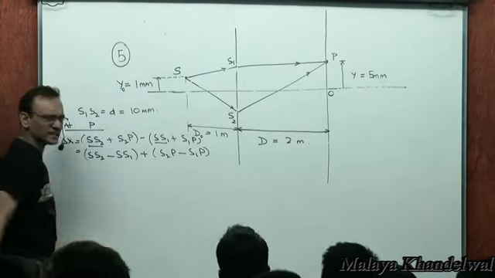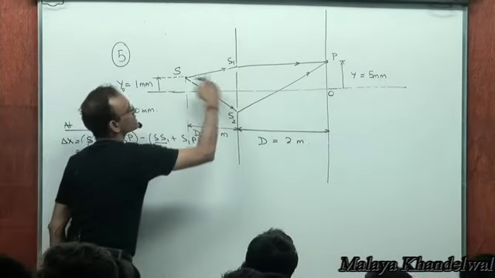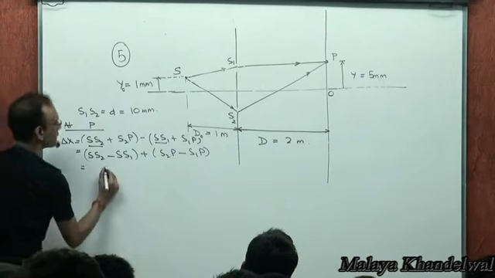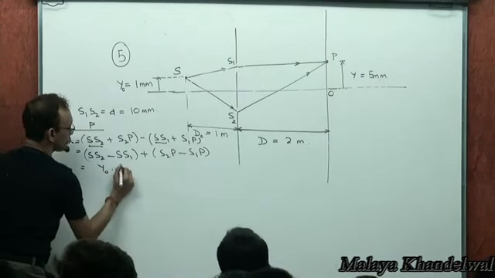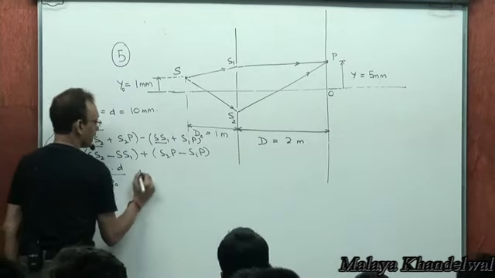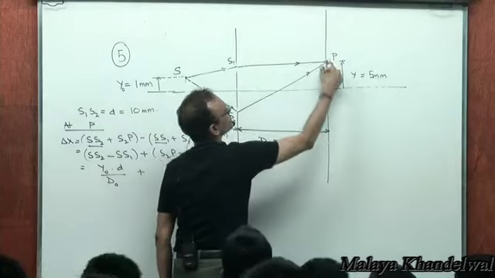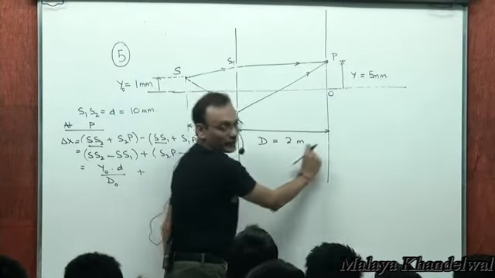I can rewrite this like this, right? Where SS2 minus SS1 is Y naught into small d by capital D naught, and S2P minus S1P would be Y into small d by capital D.